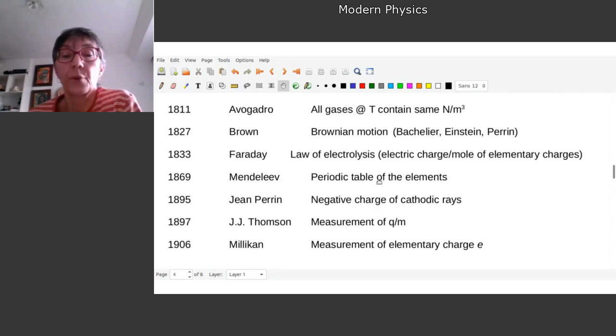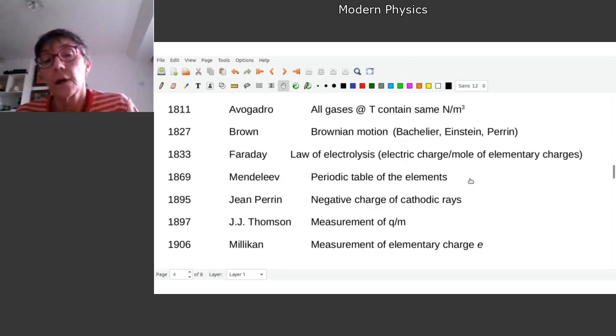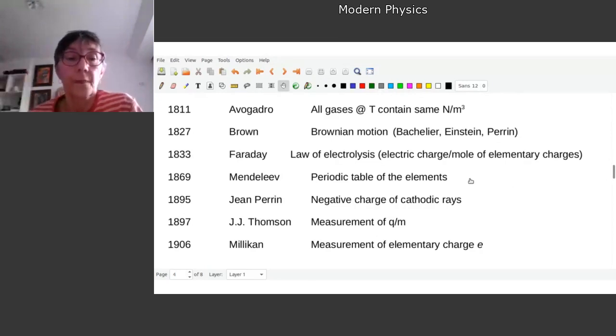1869, Mendeleev. It's very important also, the periodic table of the elements, because this is initially something to put order in all the known elements at the time, depending on their properties. And so you have the lines where you have the atomic number increasing, and you have the columns where you have some properties which are similar.